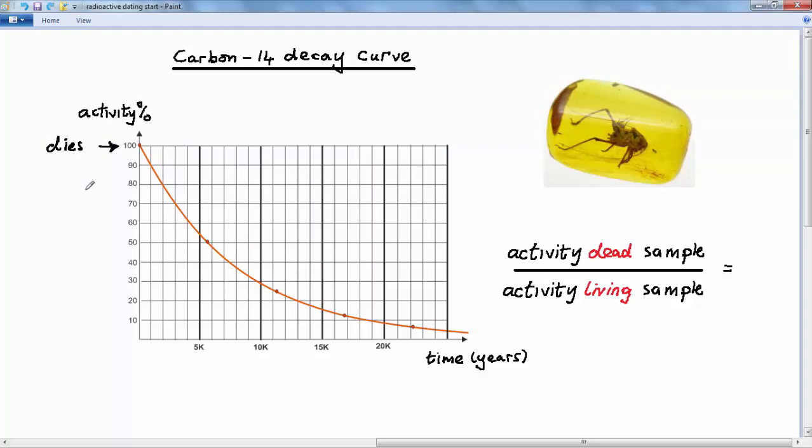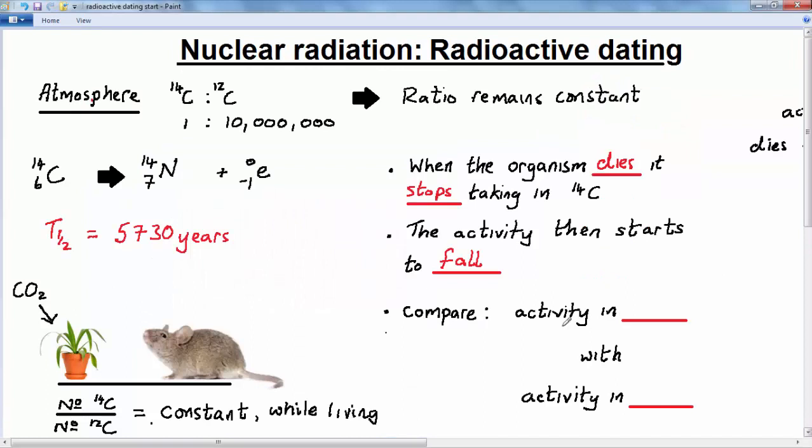So in order to determine the age of a sample, what we need to do is compare the activity of the sample when it is dead, that's to say the activity of our fossilized sample, with the activity of the sample when it was alive, which will be the same as the activity in any living sample at this moment in time.